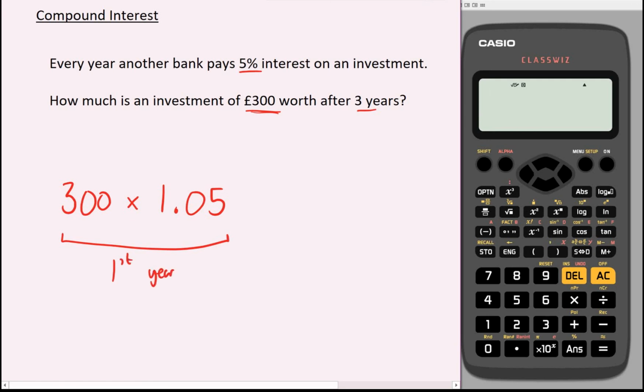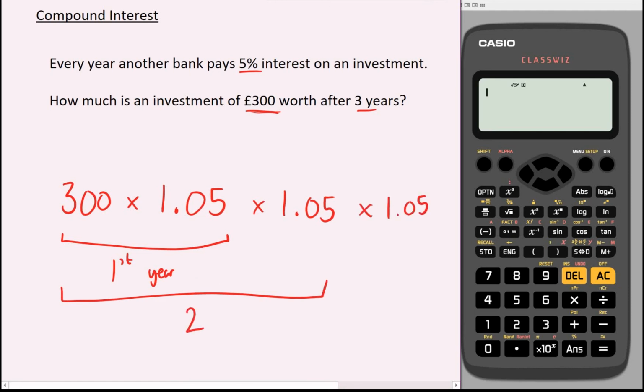I've got 3 years though, so for my second year, whatever the answer is, I want to increase it by another 5%, so I want to times it by 1.05 again. So that will be 2 years, and then for 3 years, I'm going to times by 1.05 again. So for each extra year, we have to times it by 1.05 an extra time.